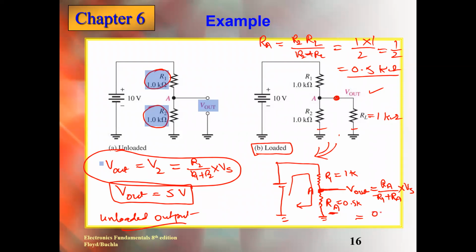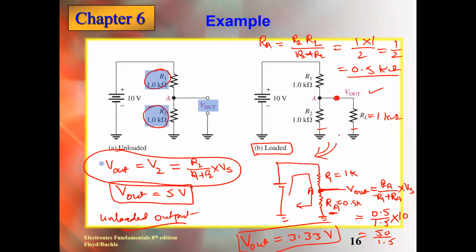RA is 0.5 and the total is 1.5, multiplied by 10. So 50 over 1.5. Calculate how much you are getting now. V out is 3.33 volts.